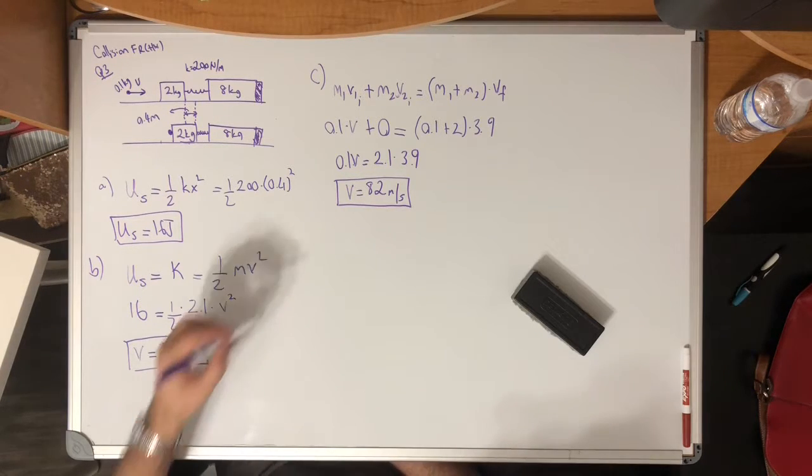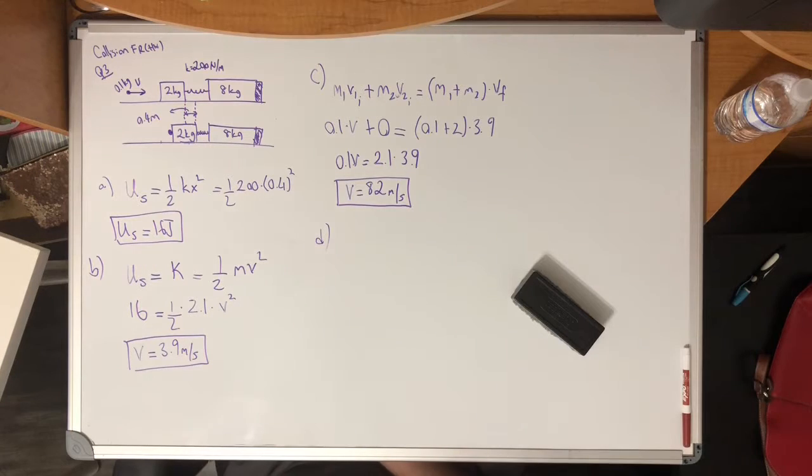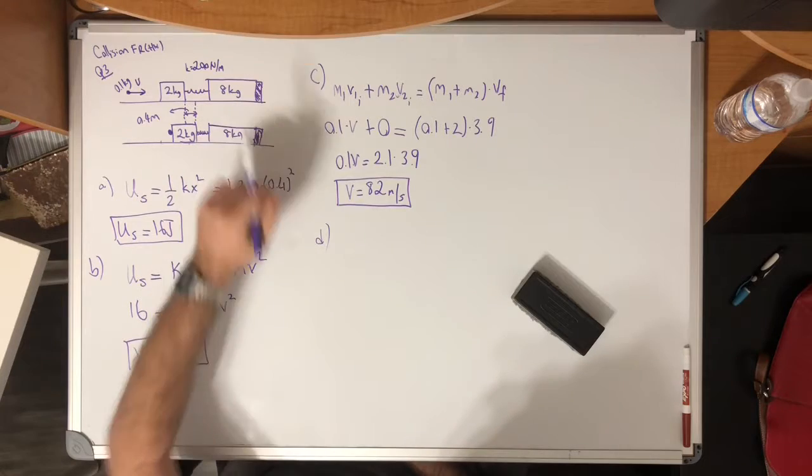And in part D, they are asking to state whether the maximum compression of the spring will be greater, equal, or less than 0.4 meters if you didn't have this stopper.